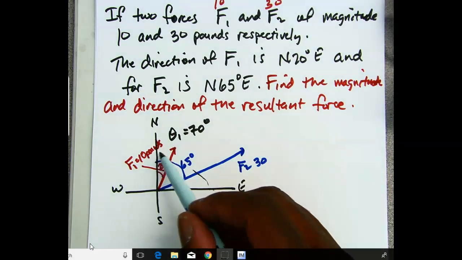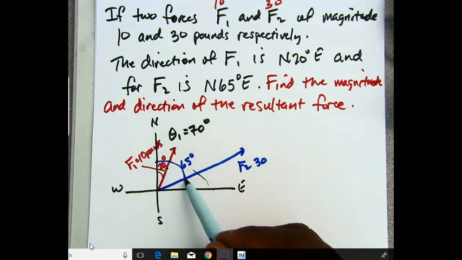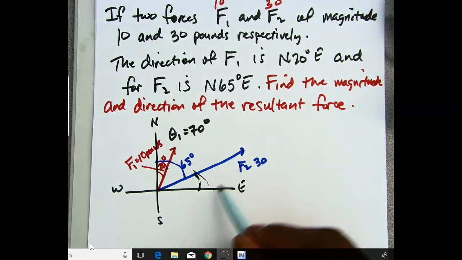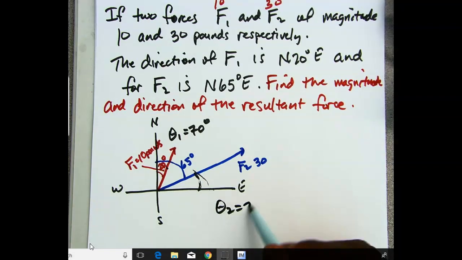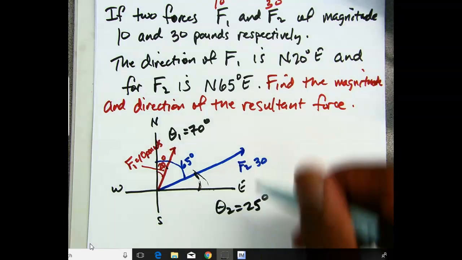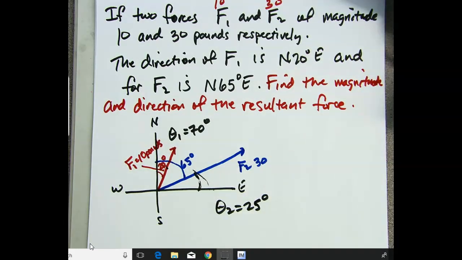If we're 65 degrees off of our northern axis here, then what does this angle measure from the standard position? 25. So theta 2 is equal to 25 degrees. So we have a magnitude of 10, angle of 70 degrees, and a magnitude of 30 with an angle of 25 degrees.